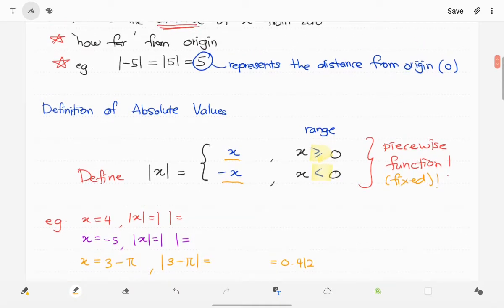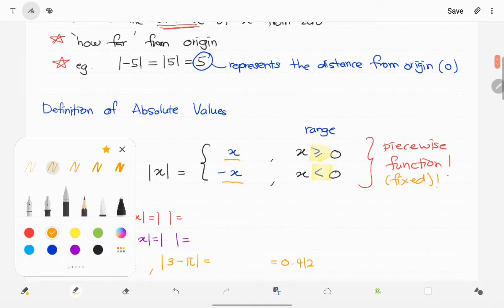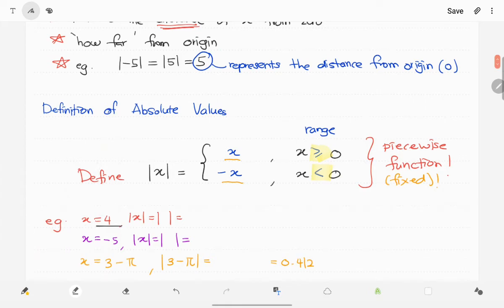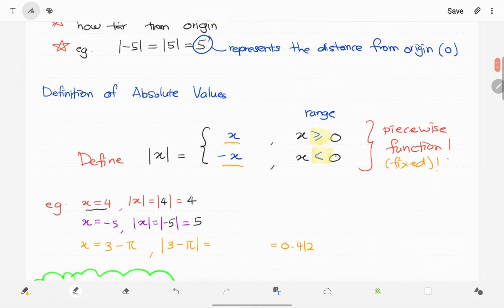Then here we look at define. For example, here I have modulus x equals 4. So they want us to solve. So modulus 4 is equal to 4. The value is always positive. Over here I have x equals negative 5, so modulus negative 5 equals 5.